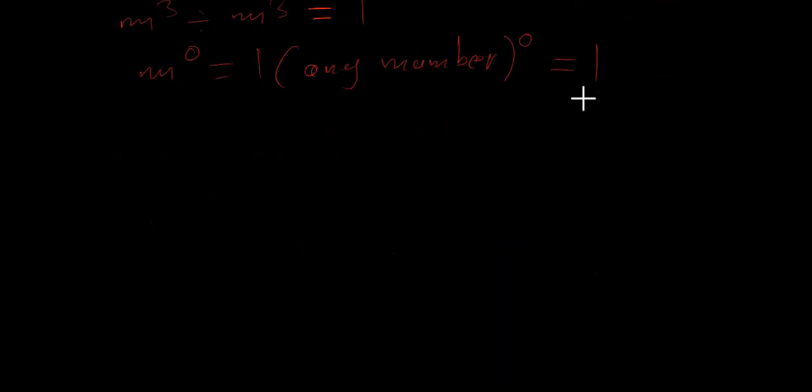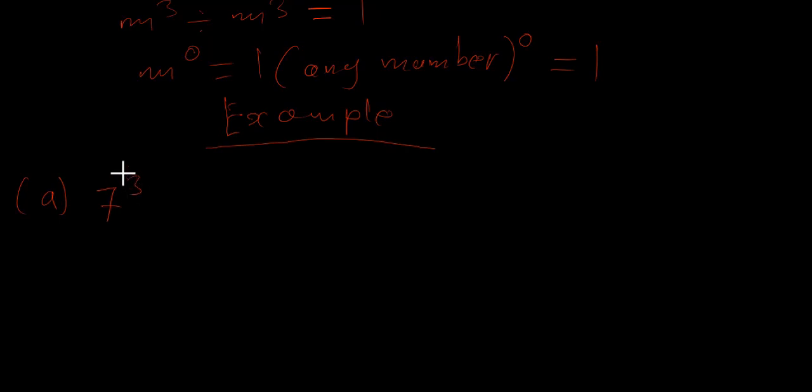Okay, so we look at some examples based on this particular scenario, the zero index. We have been given our first question, where we're saying 7 to the power 3 divided by 7 to the power 3.